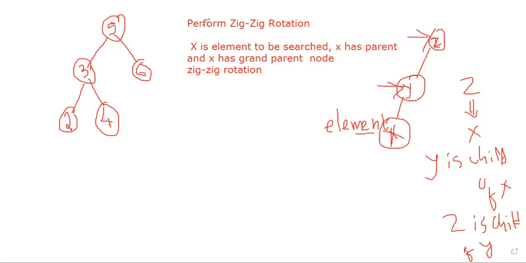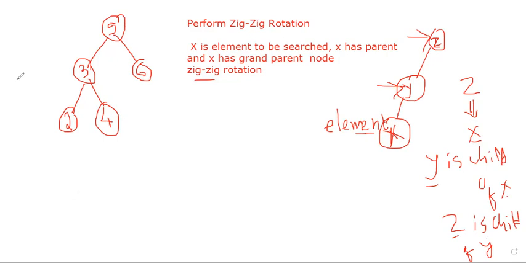So these are the things here: x is the element to be searched, and x has the parent node and the grandparent. In the zig rotation, replace this z by x, then make y a child of x and make z a child of y. This is the operation you have to carry out.